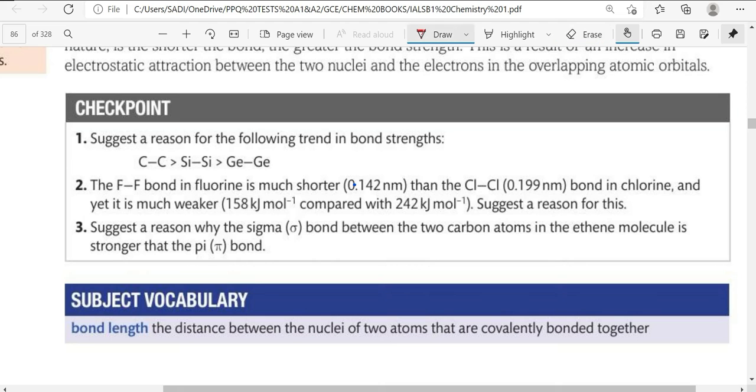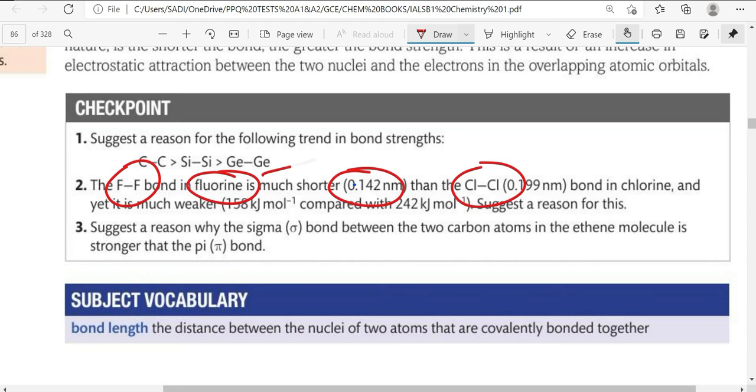Keep in mind, fluorine is much smaller as compared to chlorine. Okay, but the negative charge on fluorine, or the electrons which are bringing this much bond length, there's much more repulsion between fluorine atoms then.